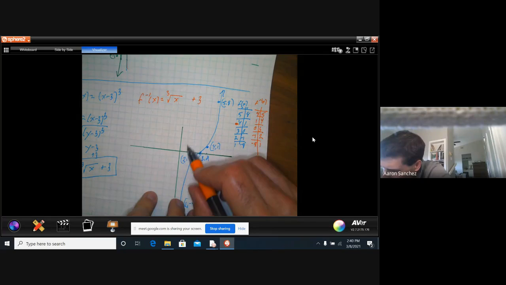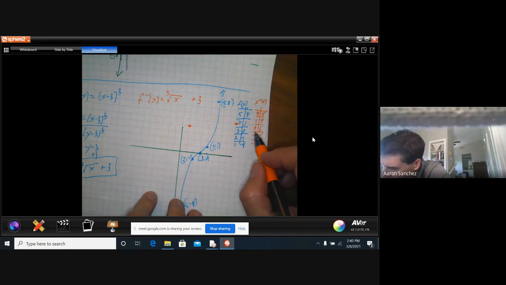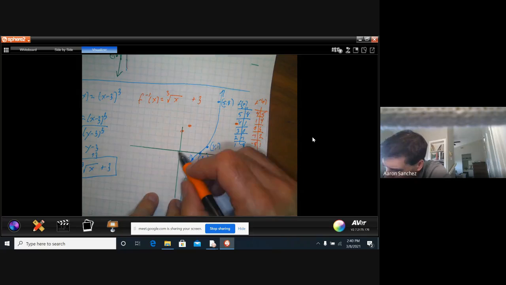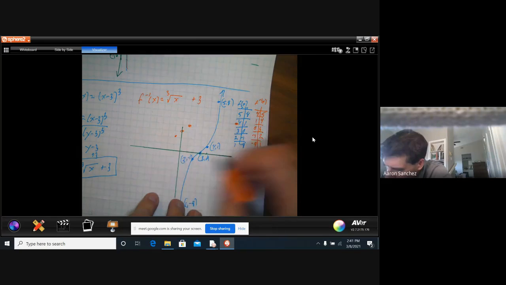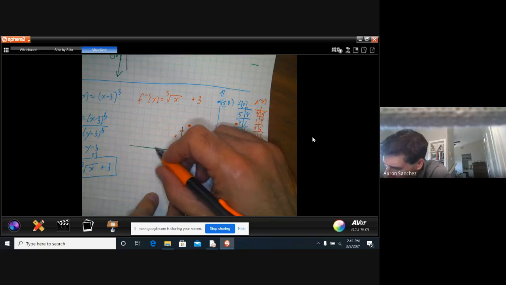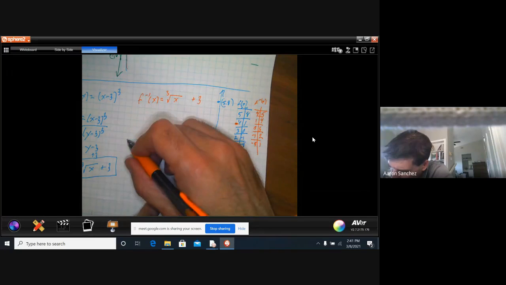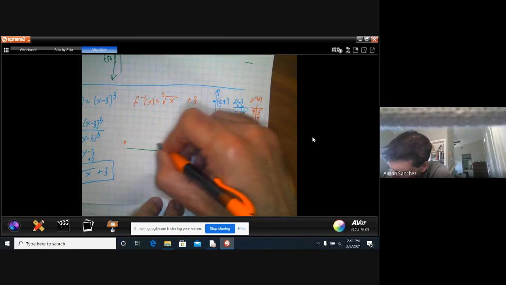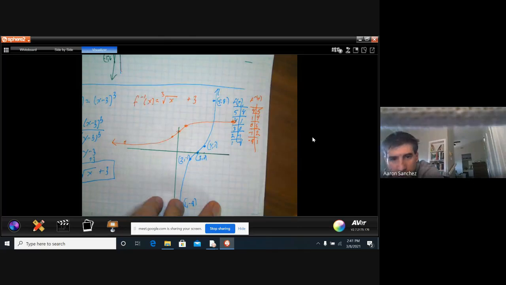And then 0, 3. And then negative 1, 2. And then negative 8, 1. And so that's how you graph it. There's the inverse.